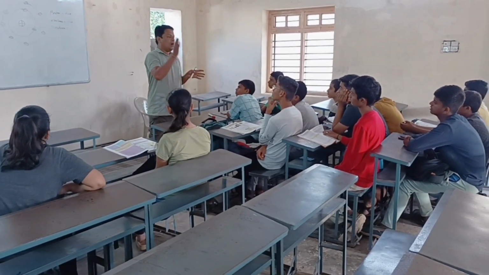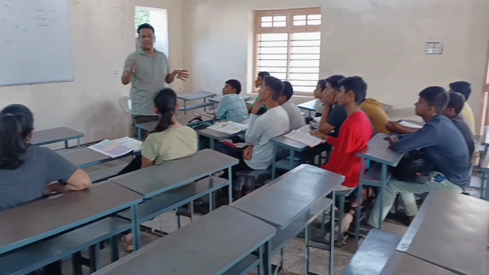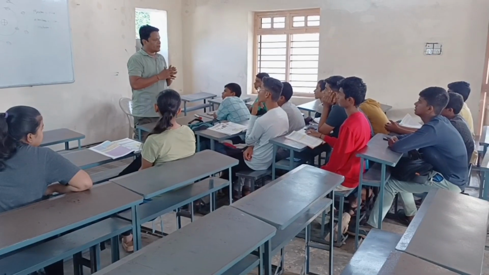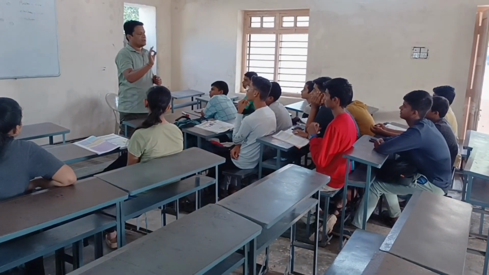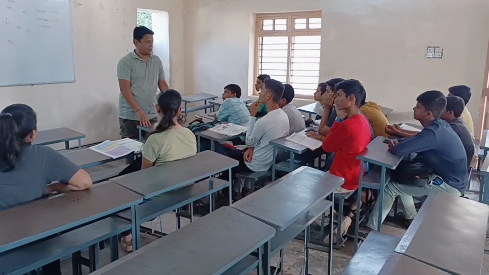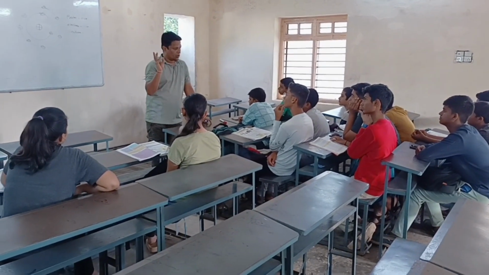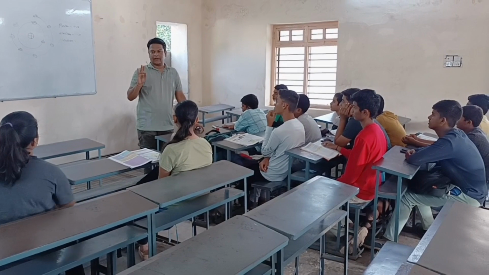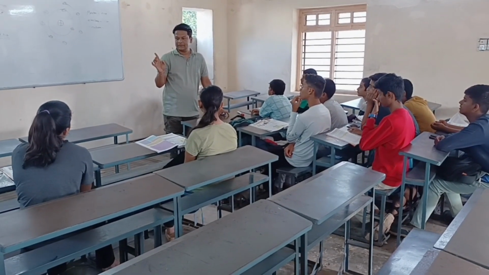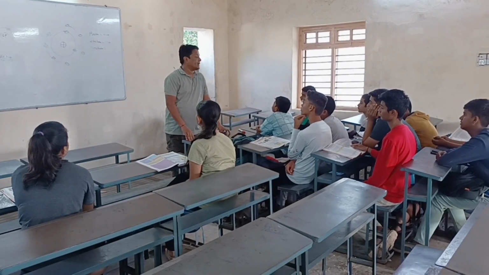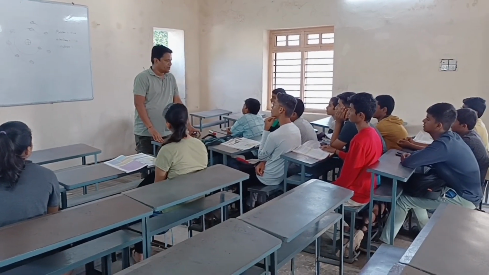Basically, it's protons equal to electrons. Equal means electrons and protons must be equal with each other. Those numbers are equal. That means an atom is electrically neutral. There was a question. An atom is electrically neutral. Why is it so? Because the number of protons and the number of electrons are identical. Their charges are also identical, and that is why an atom is electrically neutral.